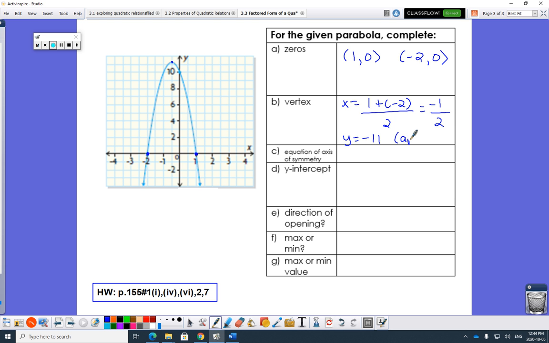And then I'm going to put a point. If fractions bother you, you want to change it to negative 0.5. You can do that too. That's fine.